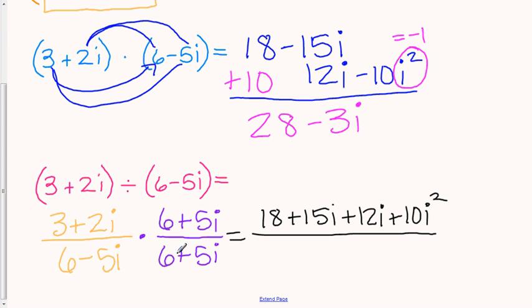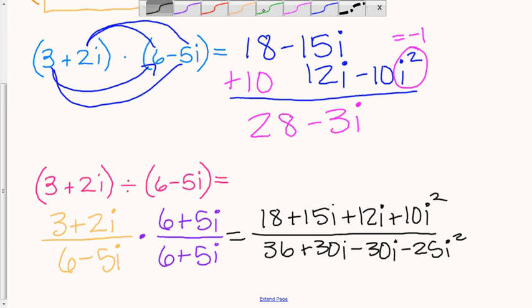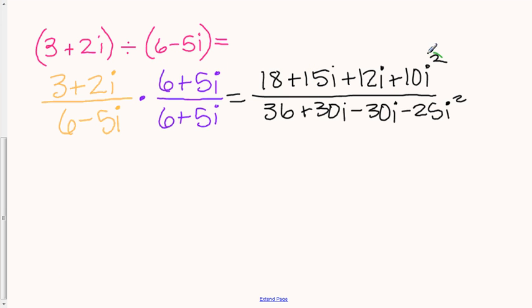In your denominator, 6 times 6 is 36. 6 times 5i is plus 30i. Negative 5i times 6 is a negative 30i. And a negative 5i and a positive 5i is a negative 25i squared. Simplifying all of this down, 10i squared becomes a minus 10, and a negative 25i squared becomes plus 25.